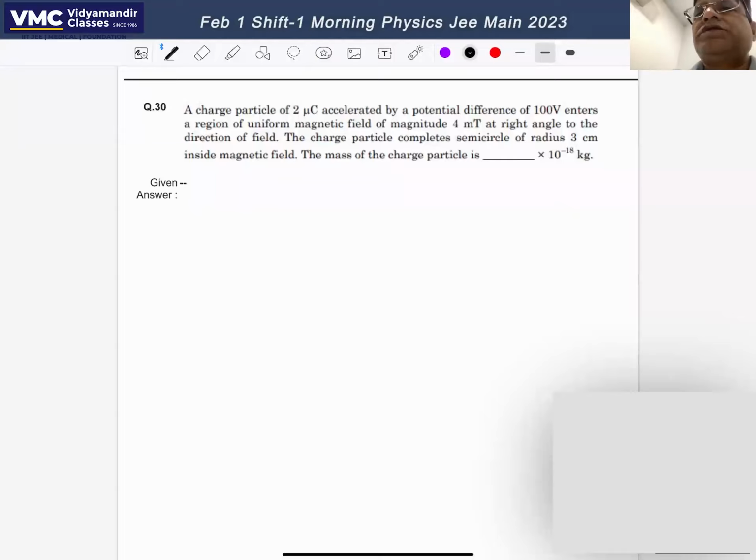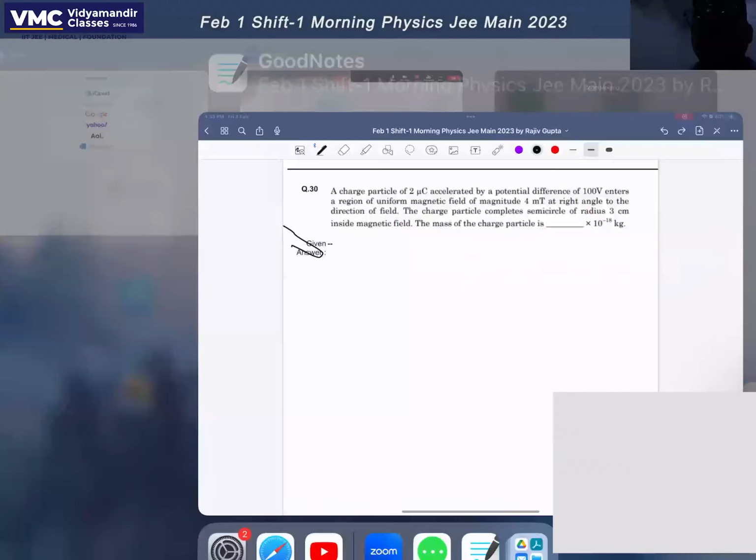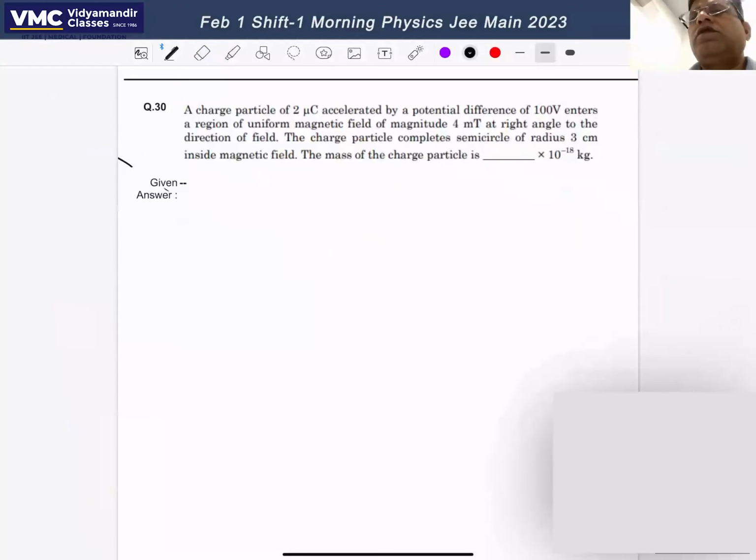So in this question, we have to find mass. Some charge Q is given as 2 microcoulomb.